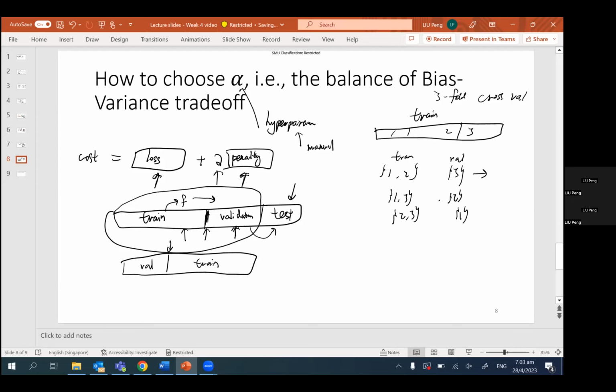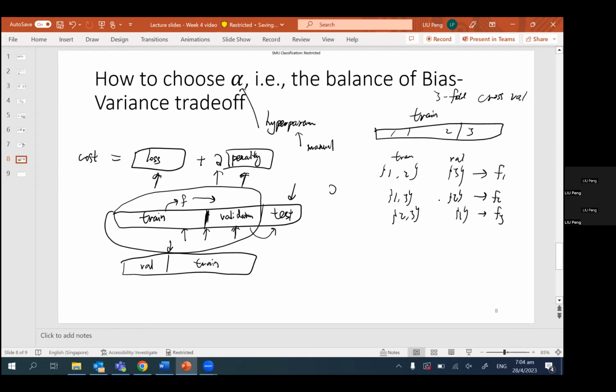So I have the first model, the second model, and the third model. Different designs of test and training sets give me different models, and all these are based on a specific choice of alpha.